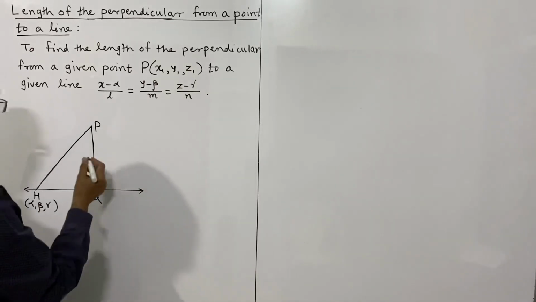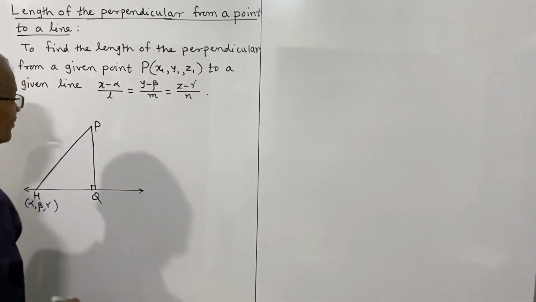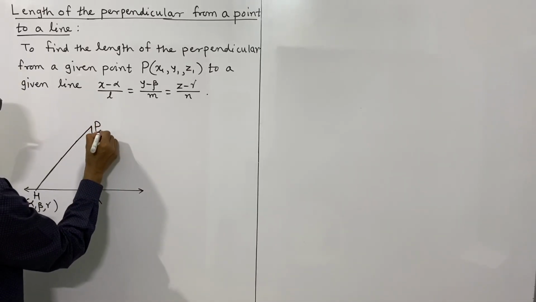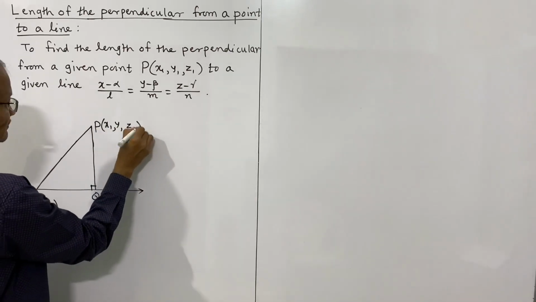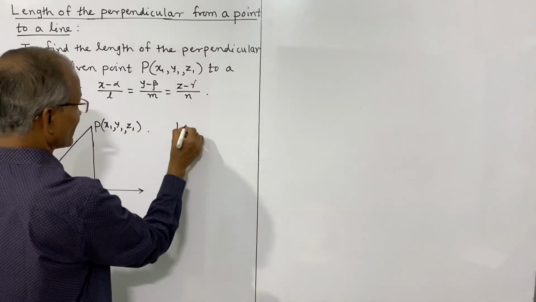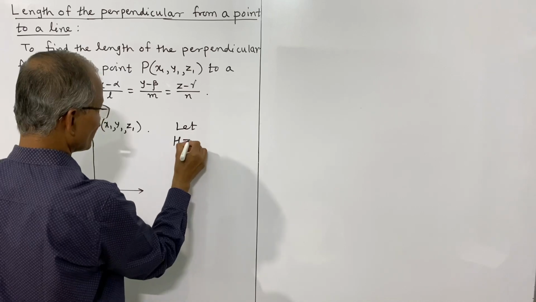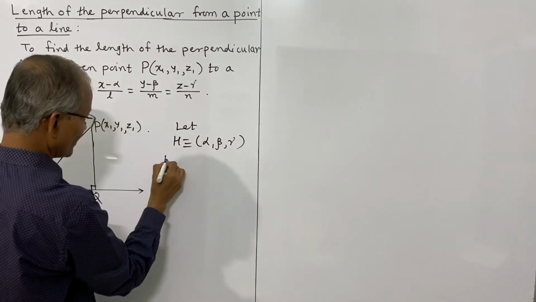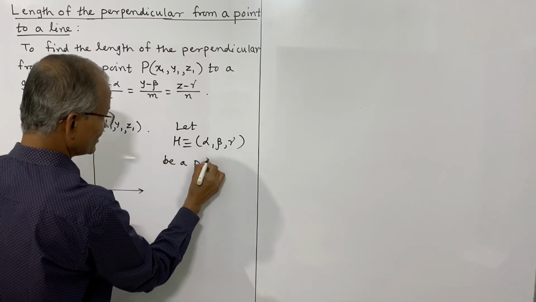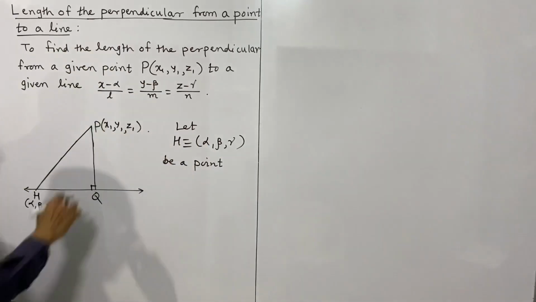So it is alpha, beta, gamma, and let this be Q. Let the point P here be x1 y1 z1. Let H be alpha, beta, gamma, a point. Actually this is the given point in the equation of the line.